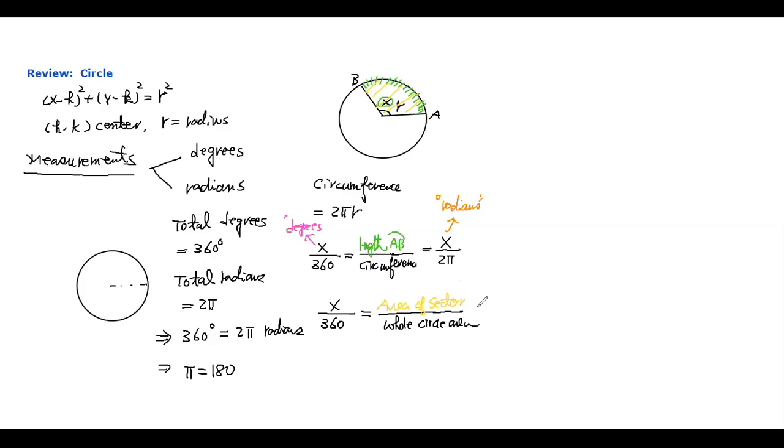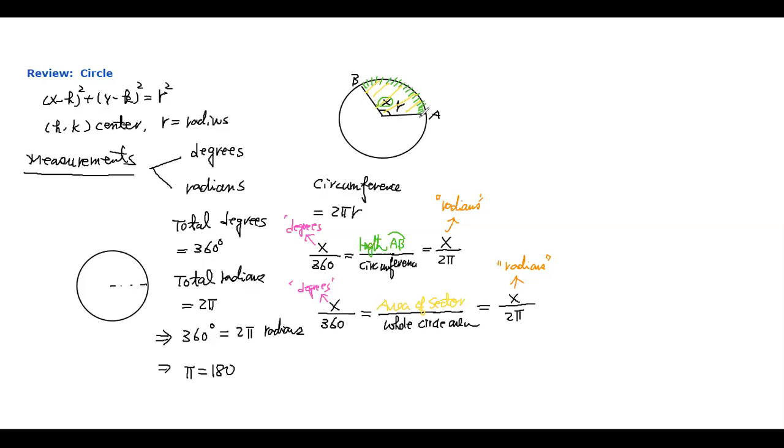All right. The same way, if your x is measured in radians, then you can use x over 2 pi, right? So be careful here. If x is measured in radians, this is the same thing here, and this one is measured in degrees. Whatever angle you face, we call this angle the central angle.